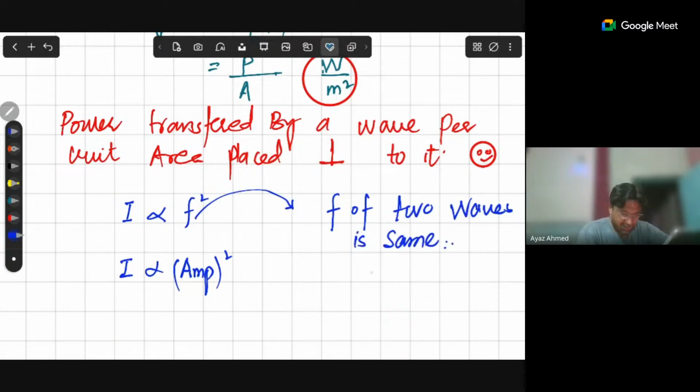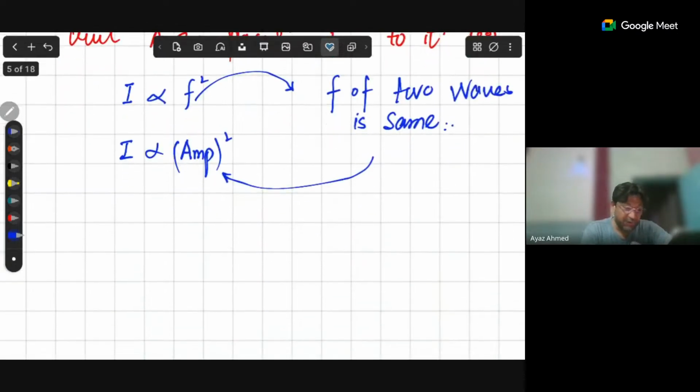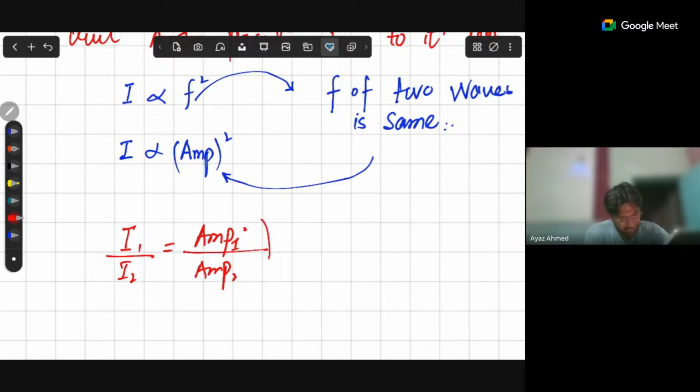It means only the amplitude matters. So intensity of wave 1 divided by intensity of wave 2 is equal to amplitude of wave 1 divided by amplitude of wave 2, whole square.